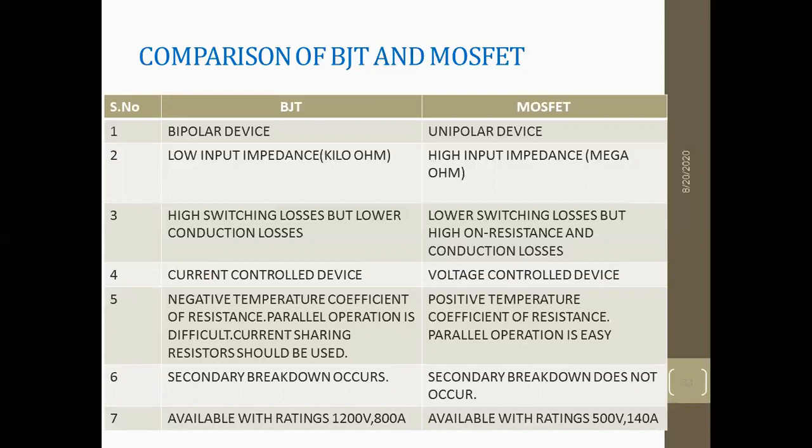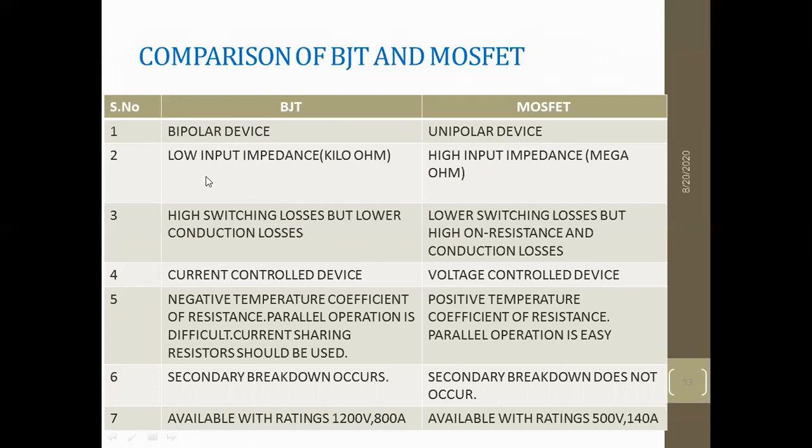If you consider the BJT and MOSFET, that is the bipolar junction transistor and the metal oxide silicon field effect transistor, the BJT is a bipolar device, and the MOSFET is a unipolar device.